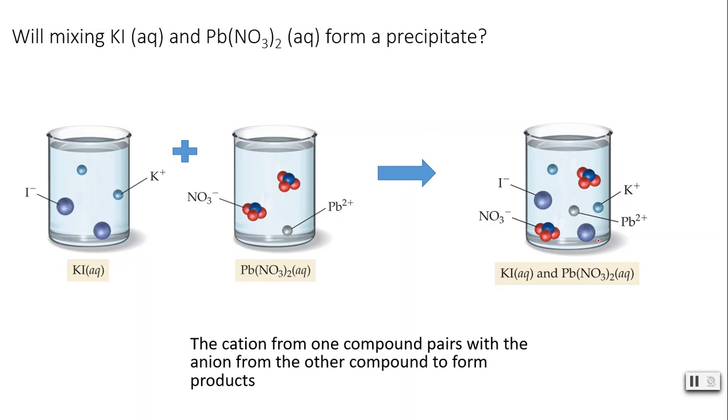To determine the products of this potential reaction, I need to take the cation from one compound and pair it with the anion from the other compound.